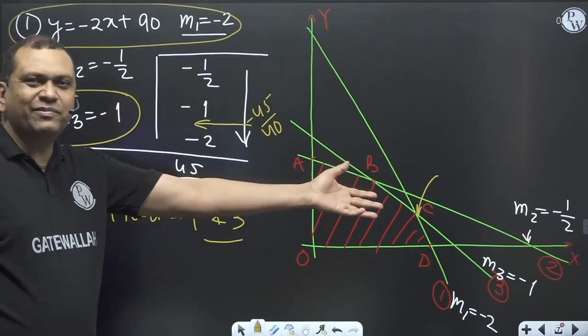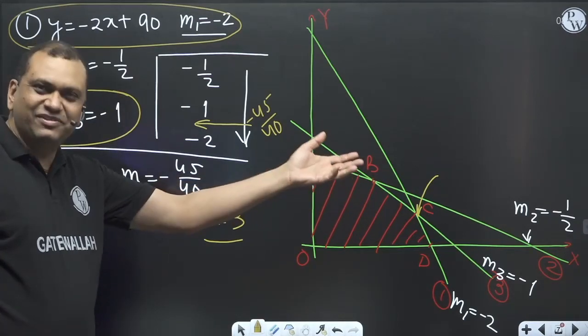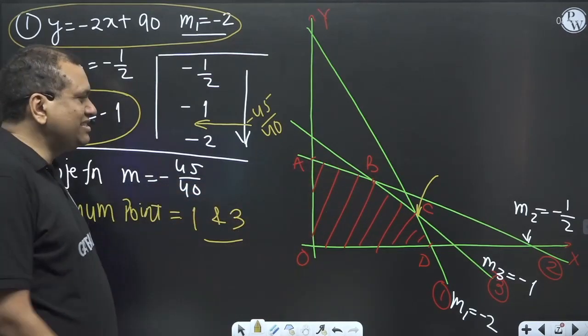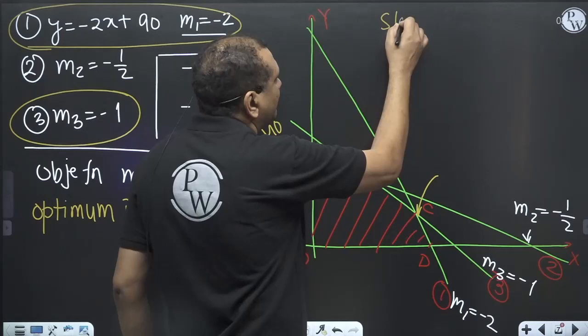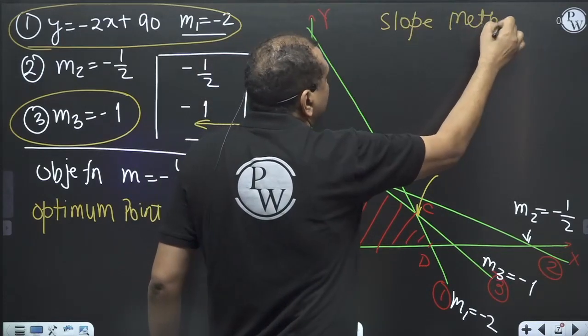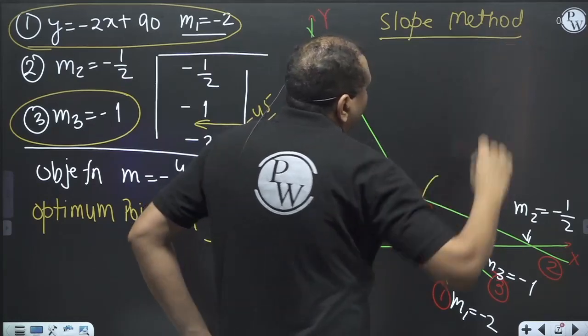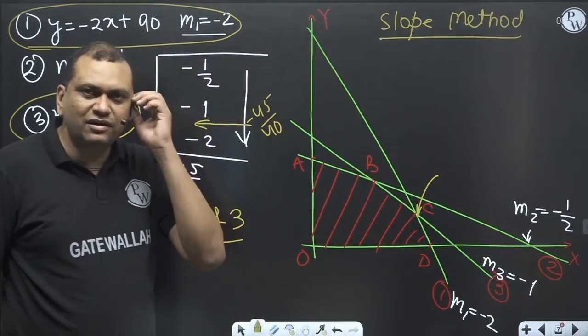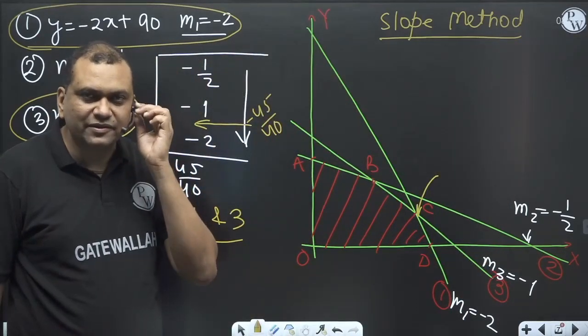That's what our solution was. Previously we solved like this only. This is called the slope method.